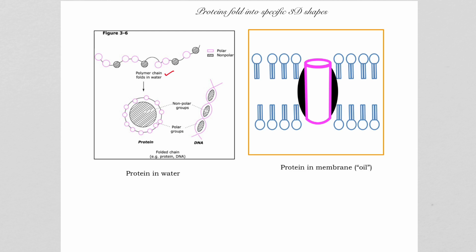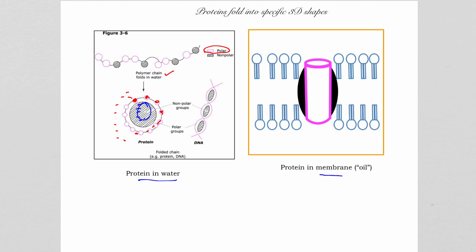The polymer chain folds, and notice that one of the key things we see is that because there's water everywhere around the protein, all the polar groups, the ones that like water, are next to water on the surface of the protein, while the non-polar groups, the ones that don't like water, are buried inside the protein. Okay, so this is how basically a protein looks like in water.